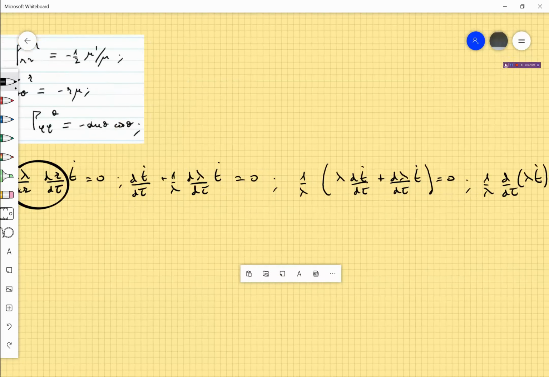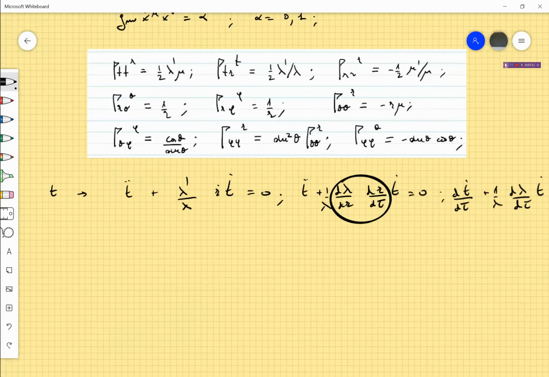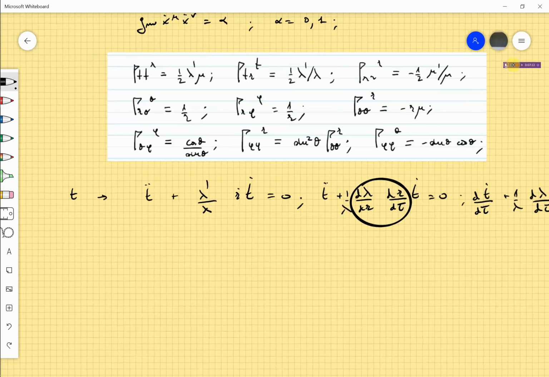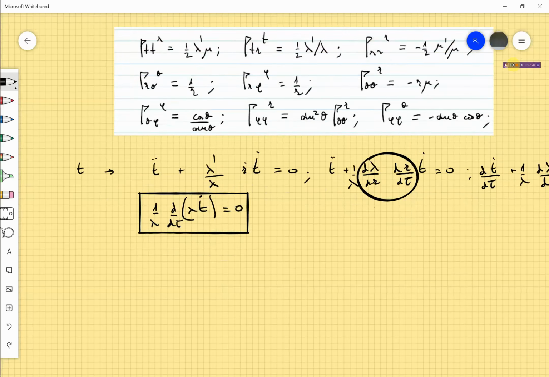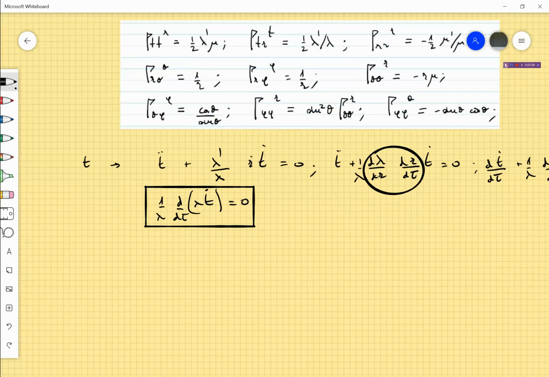This is the form of the equation that we are going to keep. So the t component is just this. Clearly this is a constant of motion, and this gives us an equation that can be integrated automatically, but we will do that later, not immediately.